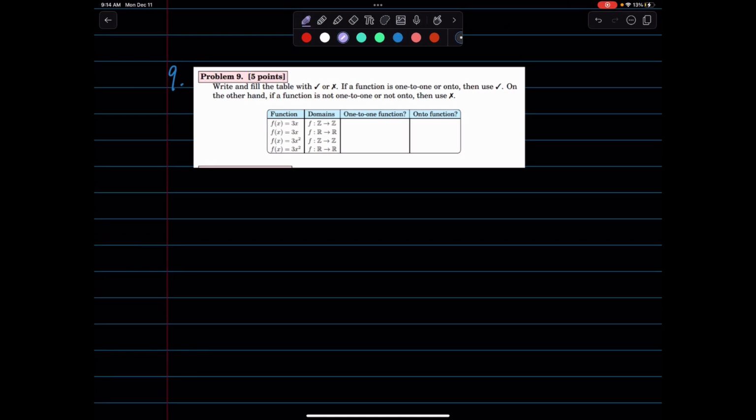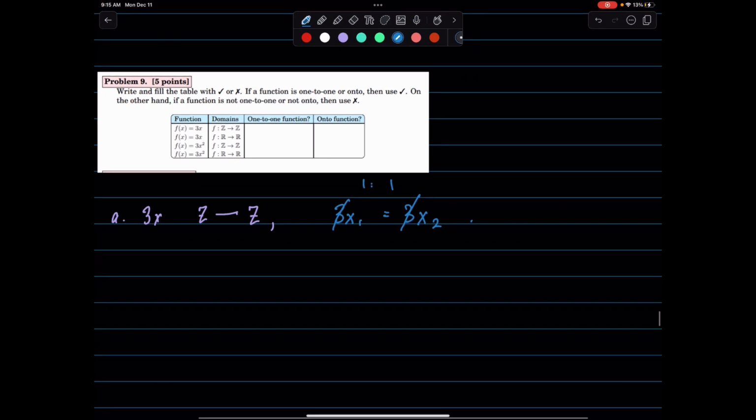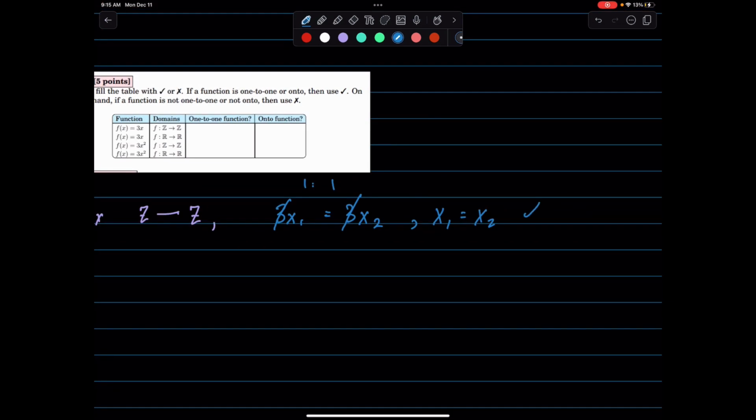So let's say a is 3x from Z to Z. Is this one-to-one? First, is this one-to-one? So basically we'll do something like this, and then to show this is one-to-one, cross those out. x1 equals x2, so yeah, it's one-to-one.